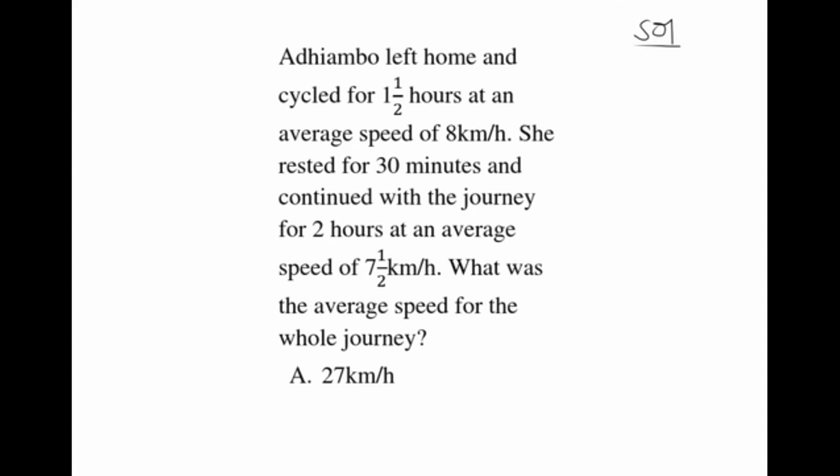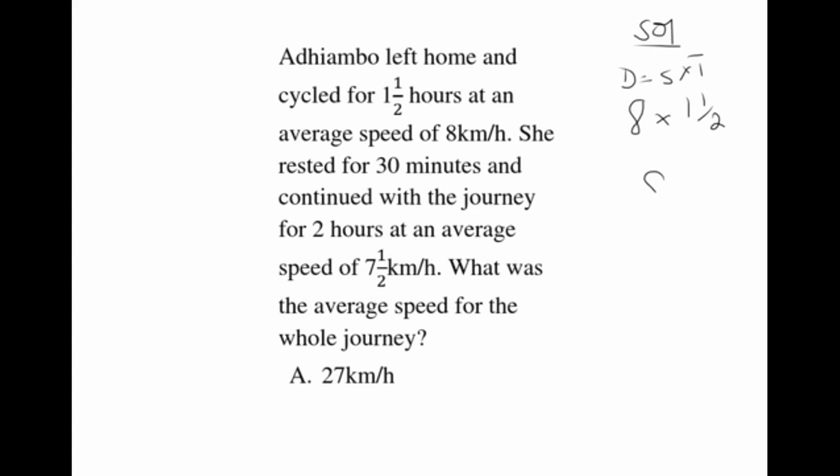Here, we are given the average speed as 8 kilometers per hour. The time, 1.5 hours. Therefore, let us get the distance, whereby distance is speed times time. The speed is 8 times time 1 and half an hour.